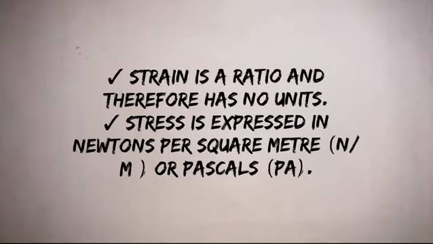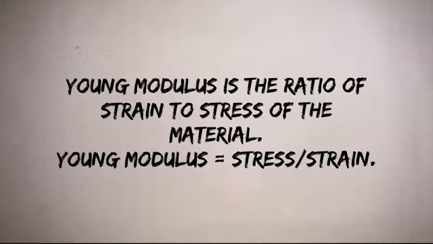Strain is a ratio and therefore it has no units, while stress is expressed in newtons per square meter or pascals. Therefore, Young's modulus is the ratio of stress to strain of the material.